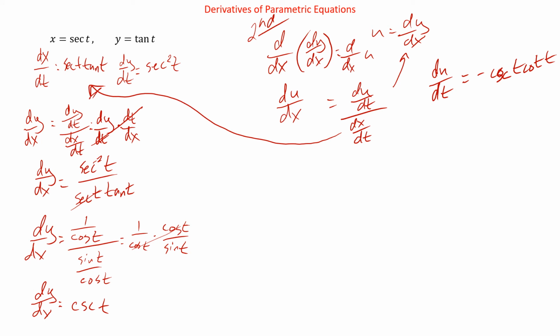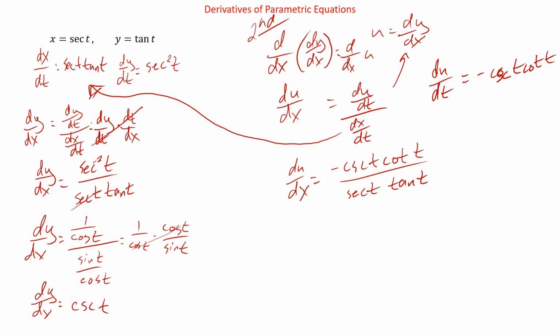We found that way over there. So our du over dx will be the du over dt, which is the negative cosecant t cotangent t, over secant t tangent t. And we're going to simplify this.